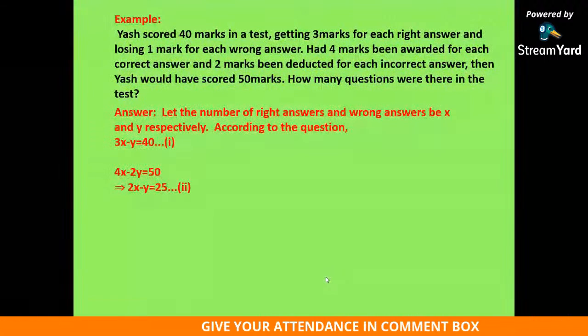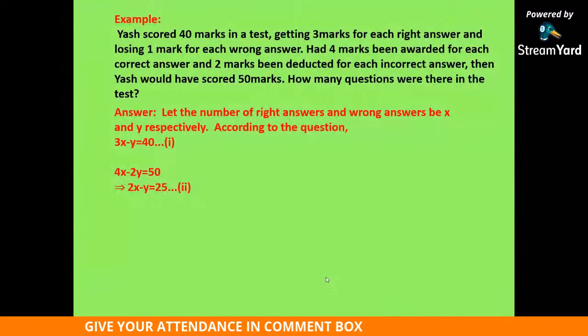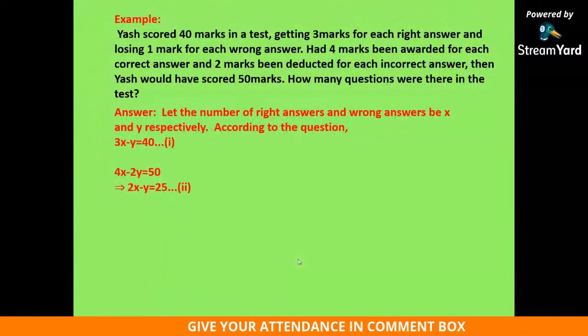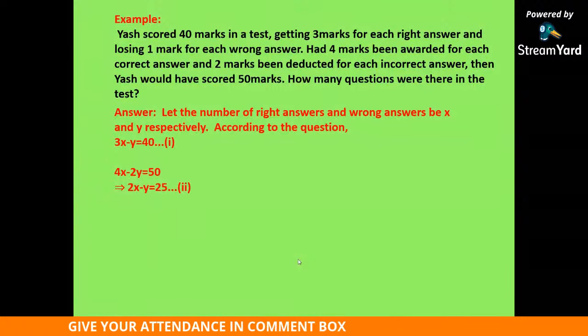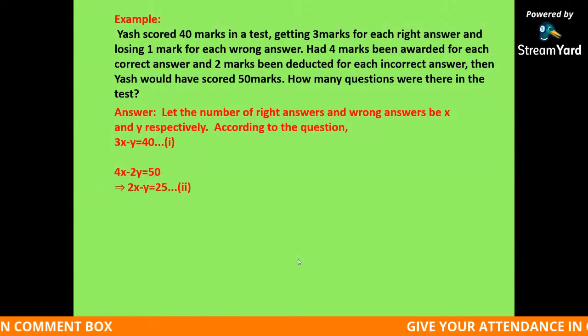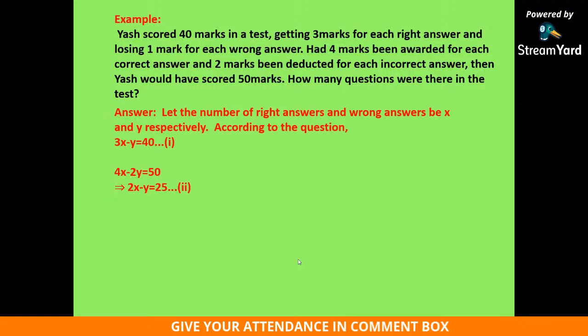In this question, again, a test paper is there. How many questions were there in the test paper, that we have to find, and they have given the marks scored by Yash. The evaluation criteria is given: 3 marks for each right answer and losing 1 mark for each wrong answer.